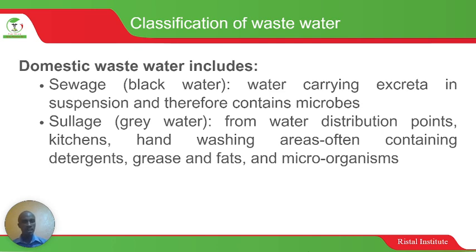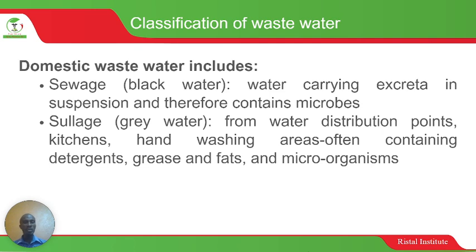Then the other domestic wastewater, which has also been termed as grey water, can originate from water distribution points. Could be taps, could be boreholes, could be the kitchens, the hand washing areas, and it often contains detergents, because you can imagine from these water distribution points, people can be washing their clothes.